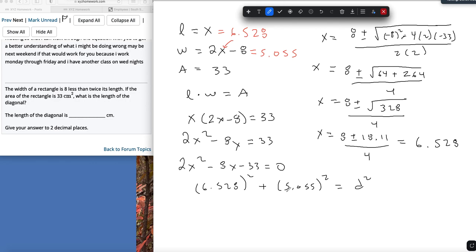So let's see where that gets us. 6.528 squared, and then plus 5.055 squared. For that, I'm getting 68.167 and so on. And that's our d squared. So then I have to take the root of that number, so I'm going to square root both sides.